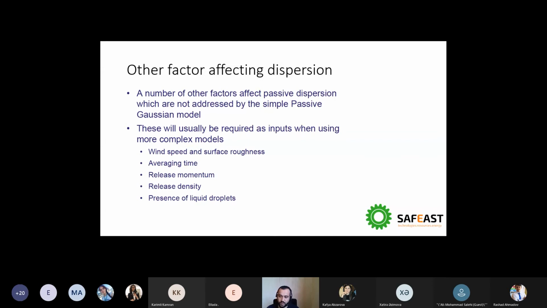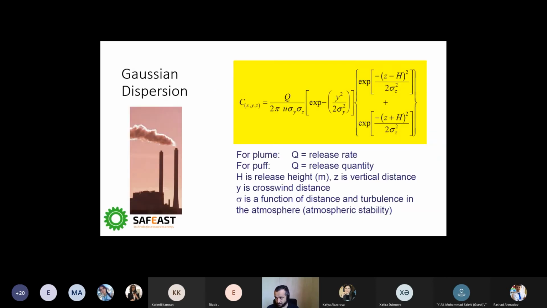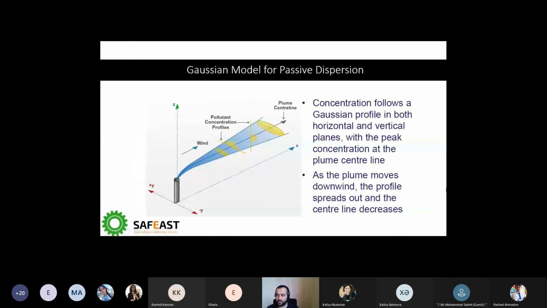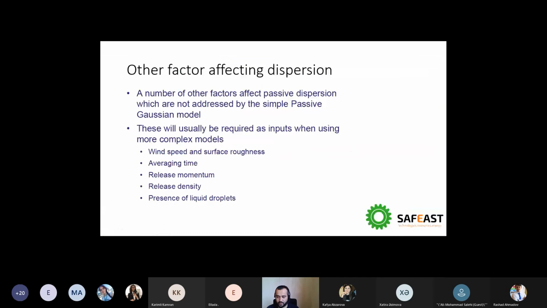For complex models, you need certain other inputs which can change the result, such as wind speed and surface roughness. If you are releasing material over the sea, over trees, over a city, over concrete or over sand, these make a difference because the surface roughness of each is different.